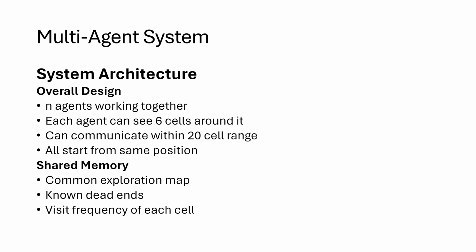Each agent can see 6 cells around it and can talk to other agents within 20 cells. All agents start from the same point, and they share information about where they have been, which paths are dead ends, and how often each area has been visited.